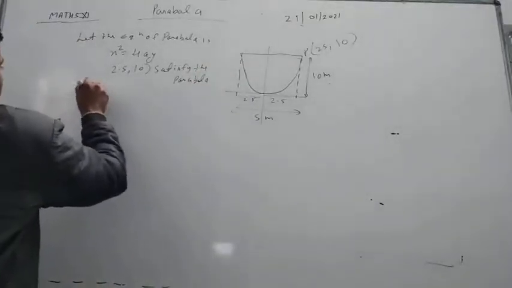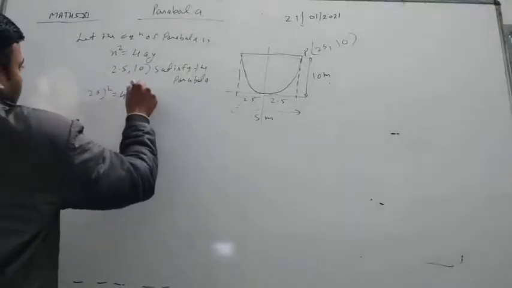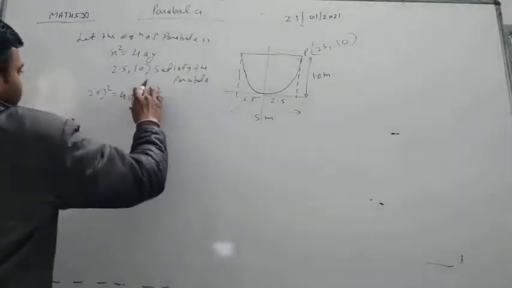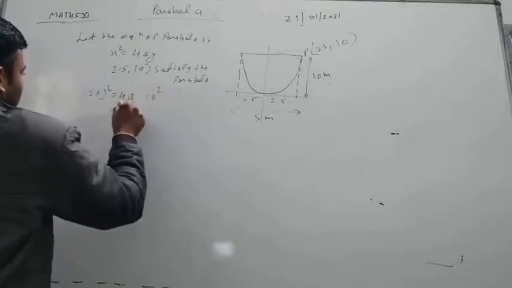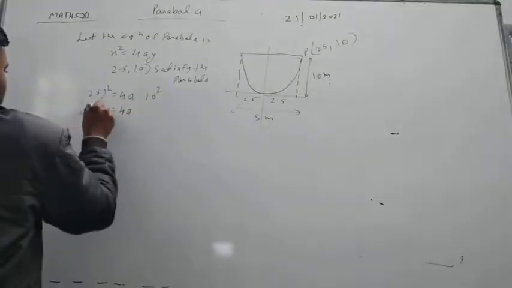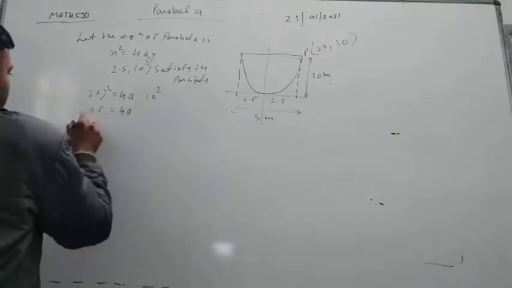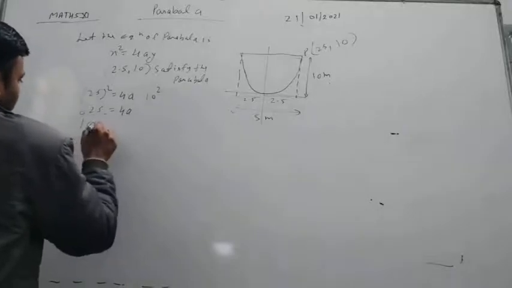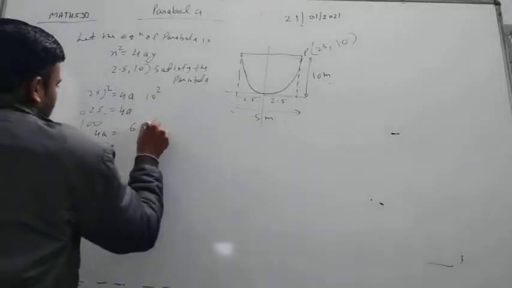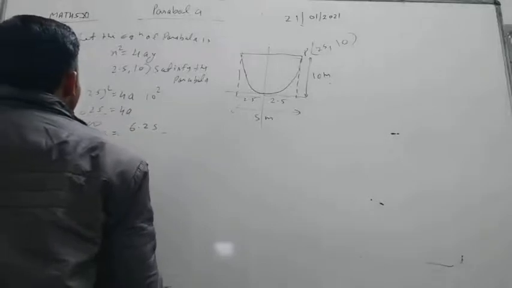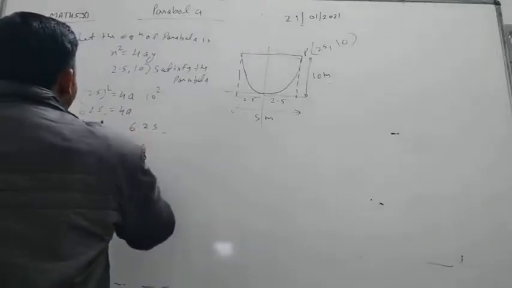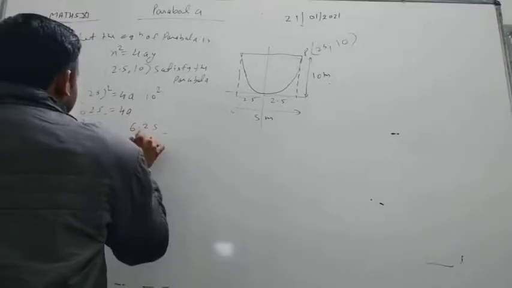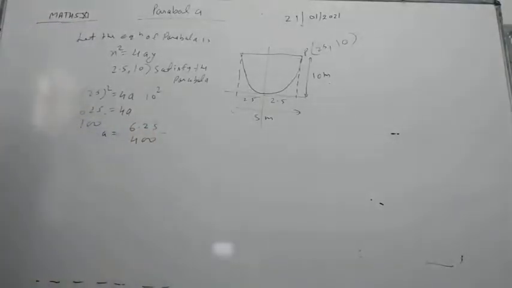So we write 2.5 whole square equals 4a times 10.